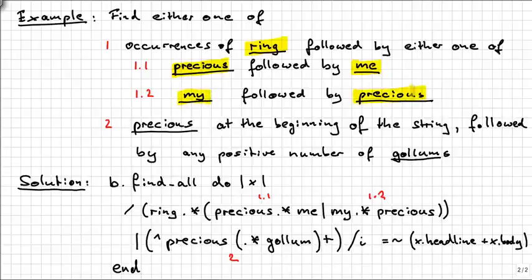So clearly he has his sights set on Gollum here. But he's also interested in patterns of the form precious at the beginning of the string, followed then by any positive number of golems. So clearly he really wants to monitor for chatter around the ring and keywords that would indicate that something is up.